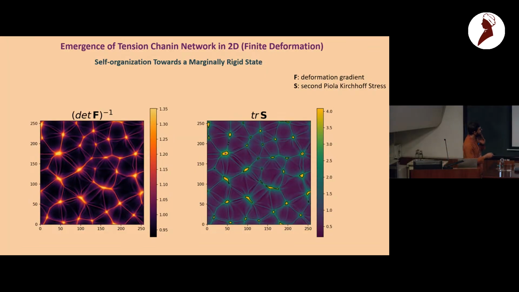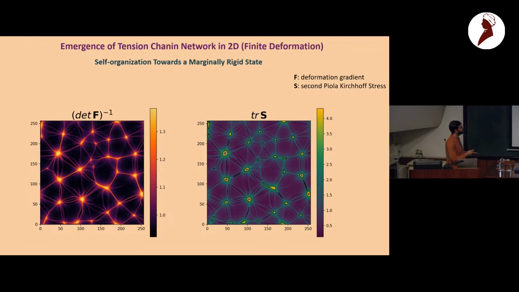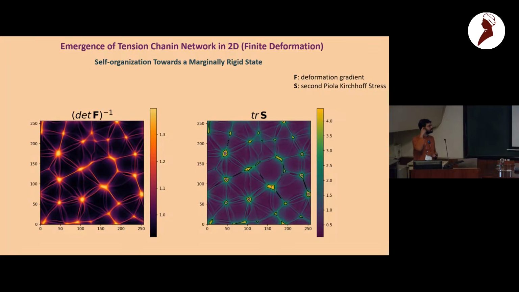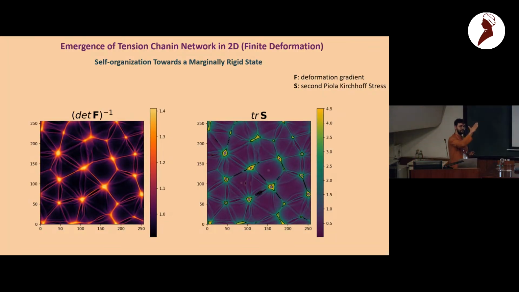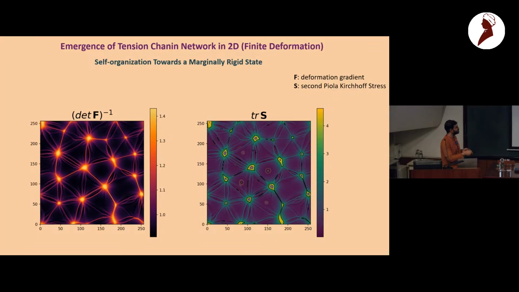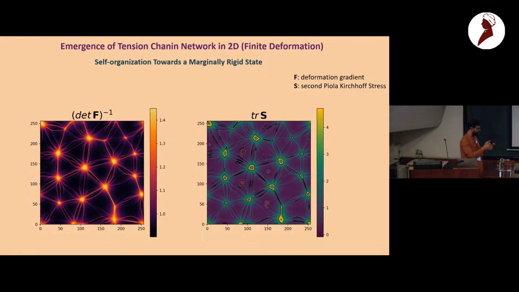And these black lines that I have plotted are the tangential stiffness modulus. So this is B, the bulk modulus, plus shear modulus mu, but the bulk modulus is the tangent modulus now, it's not about the reference configuration. And this line marks where B plus mu equals 0.